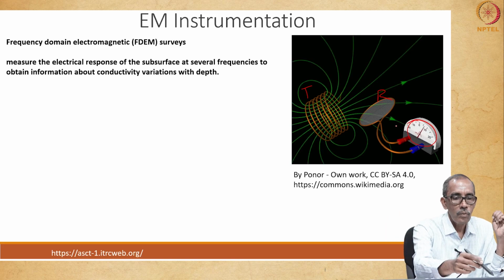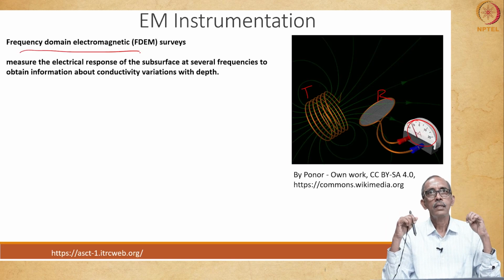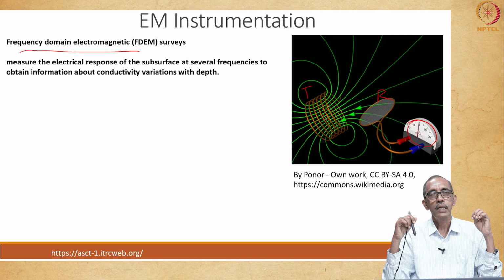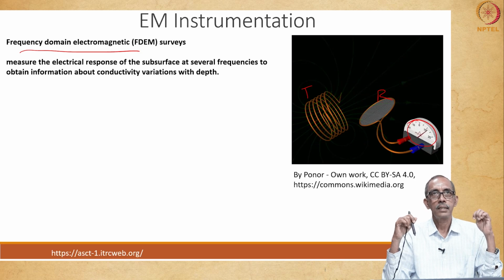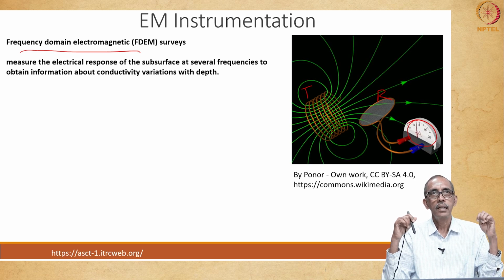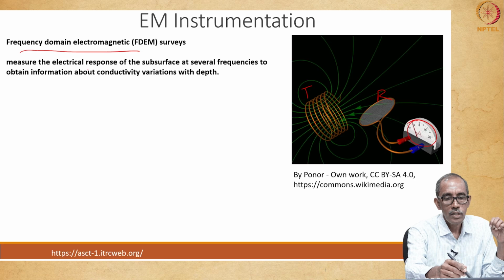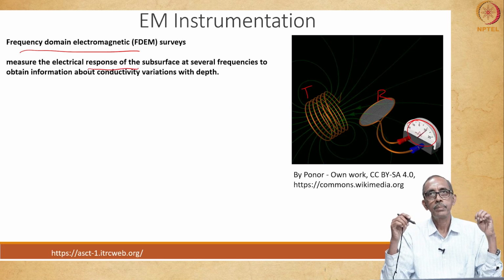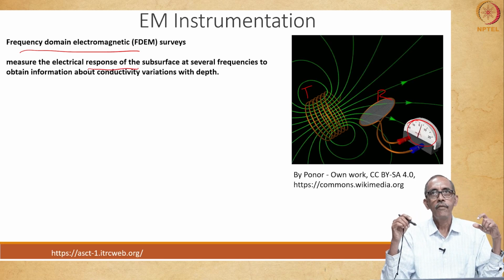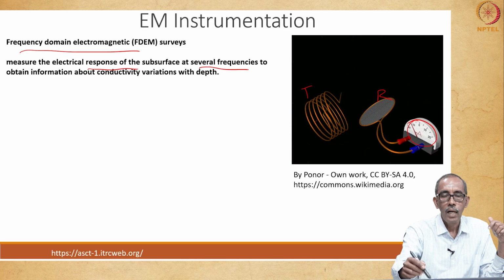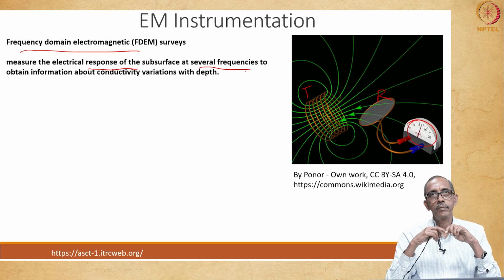The first method is known as frequency domain electromagnetic survey. Here we measure the response of the subsurface at different frequencies of the applied current, right.